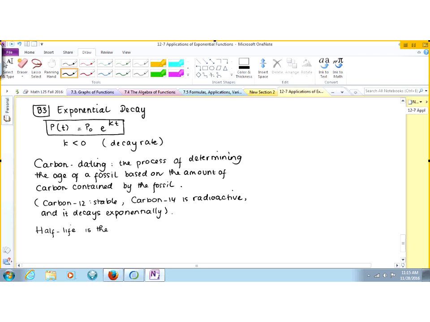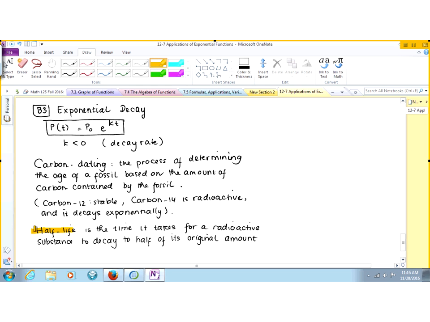Half-life is the amount of time, the duration, that it takes for a radioactive substance to decay to half of its original amount. All right. So it's called half-life.